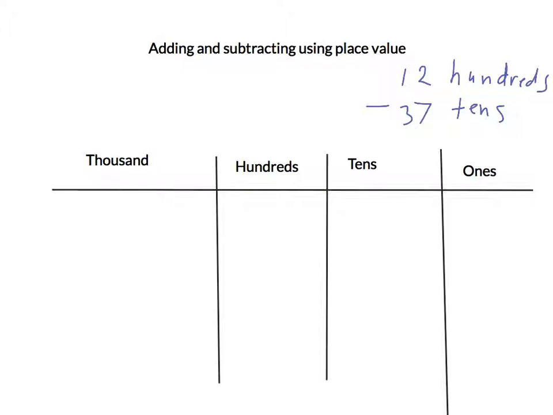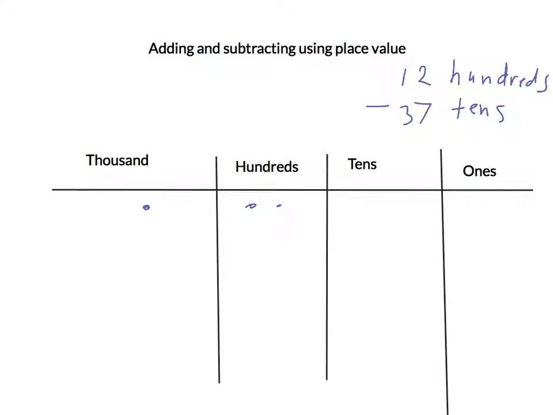This can also work in the same way for subtraction. I can take 12 hundreds. So I can start out knowing that 12 hundreds is 2 hundreds and 1,000. Now if I need to take away 37 tens, I know I need to take away 7 tens, but there's nothing here.